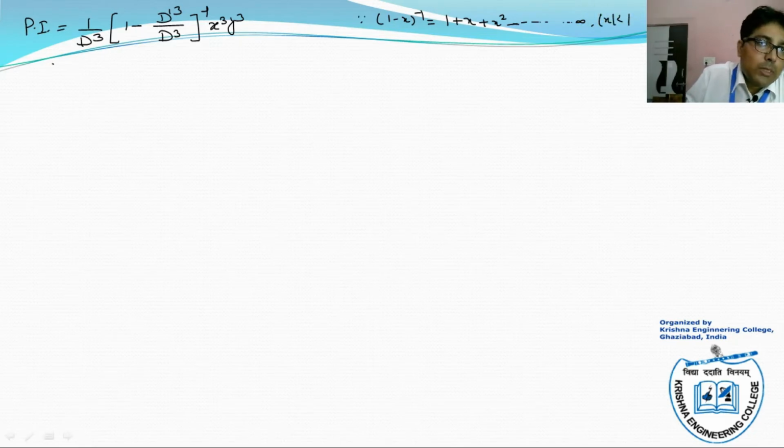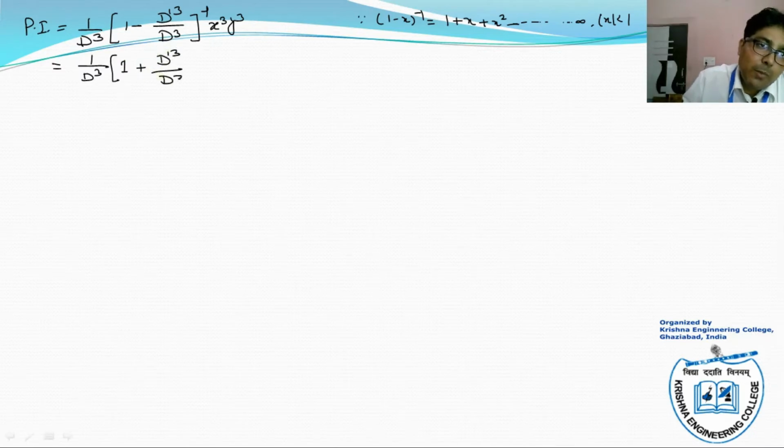So use this expansion. We expand this up to the degree having x or y. So the degree of x and y is 3. So we expand up to the term having degree 3 only. So this is the first term having degree 3, right?